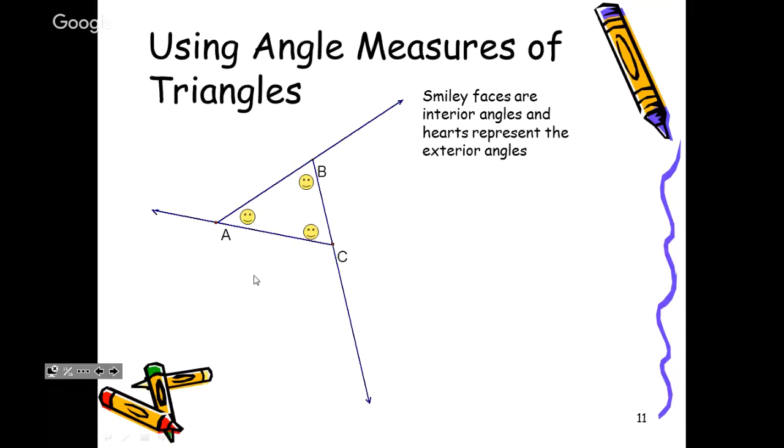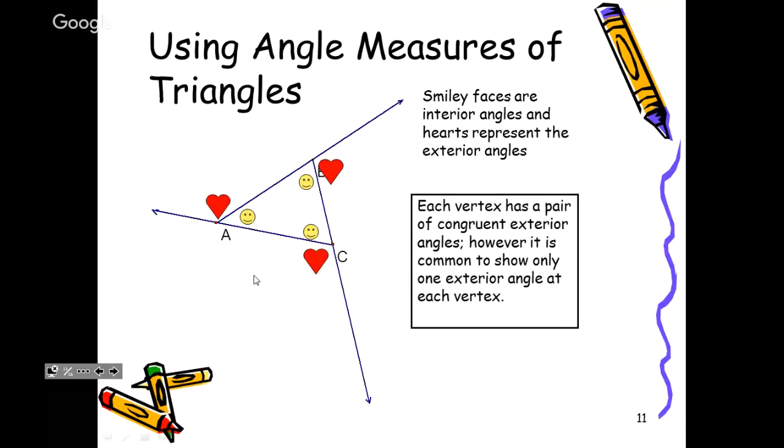That doesn't work. Why would we have an angle of 310? So the reason we draw the line out is because the exterior angle will always be a linear pair to the interior angle, and we'll get into more of that later. What we see here are my hearts. Those are my exterior angles. One thing about that is that you can extend the sides in either direction.